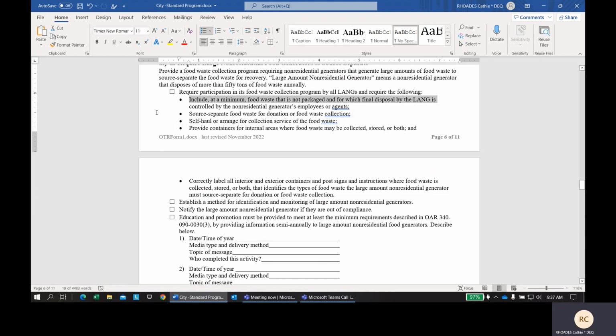This would require participation in food waste collection programs of all large generators and require the following. Include at a minimum food waste that is not packaged and for which the final disposal of the large generator is controlled by the non-residential generator employees or agent.